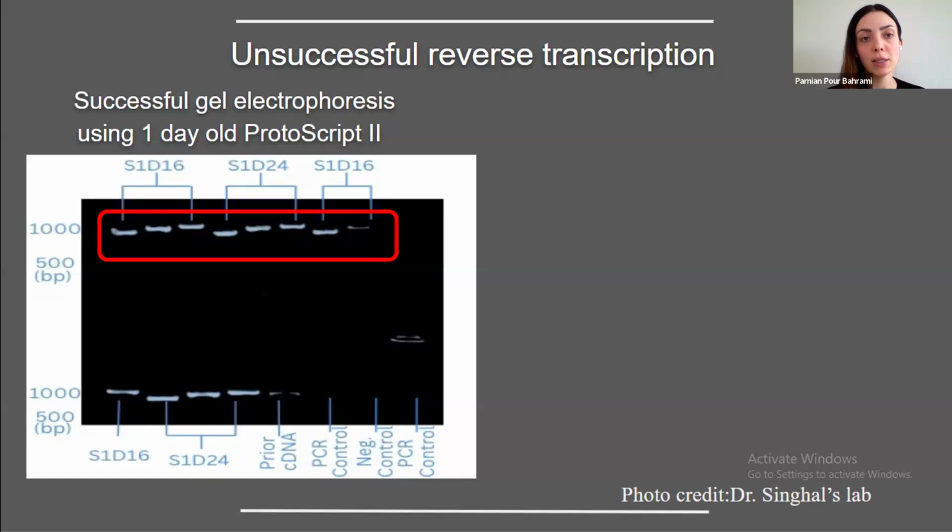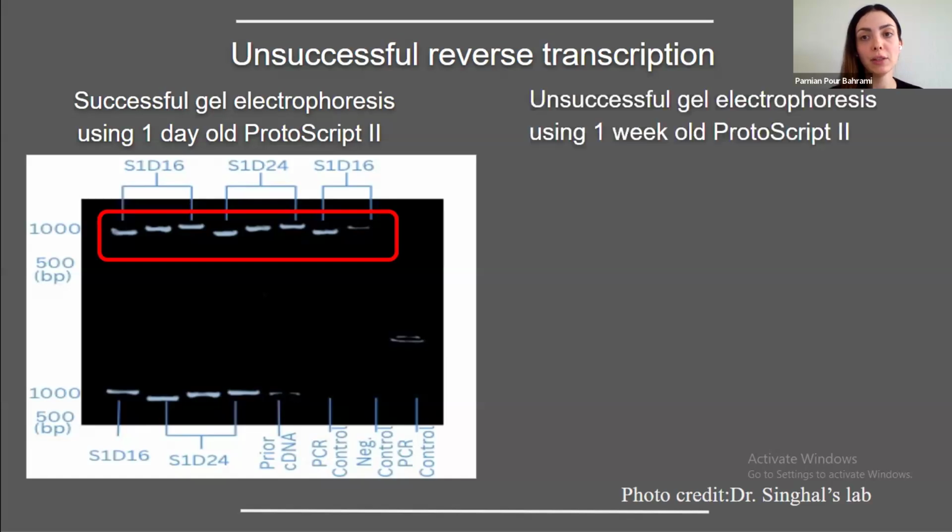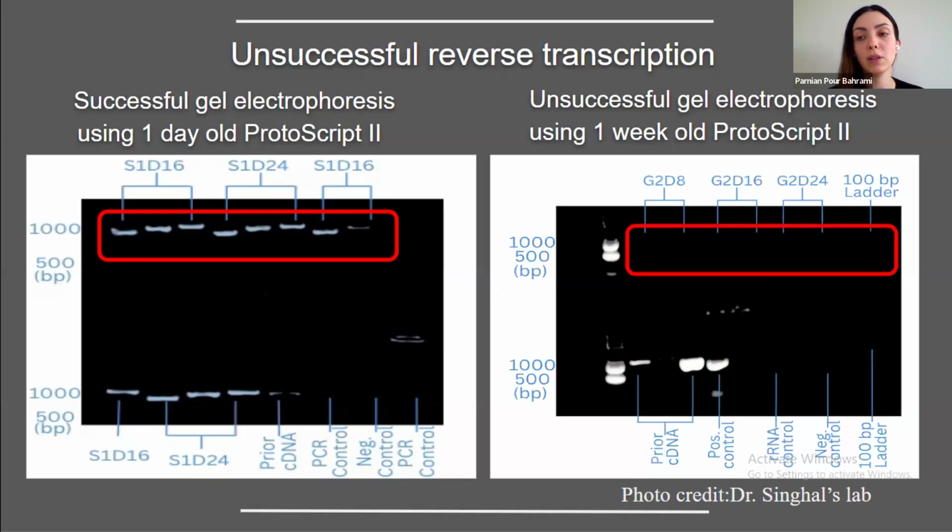And we had the band, but after that, we had an unsuccessful gel electrophoresis when we were using 1-week-old ProtoScript II enzyme. And as you can see, we didn't have the bands. However, we had the bands on our positive control.